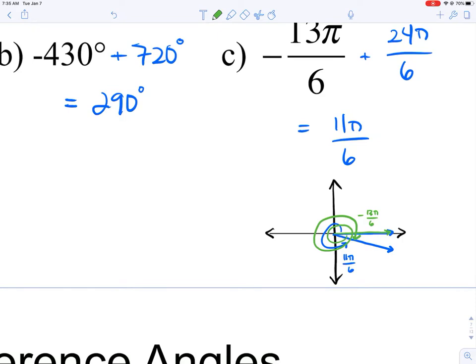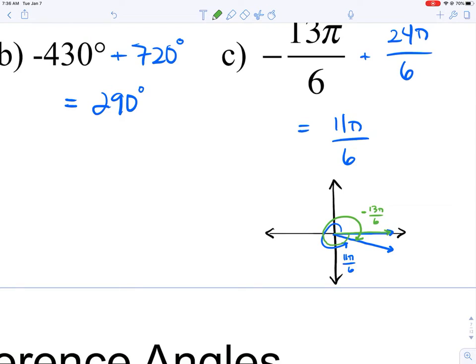Sorry, that was wrong. So it would actually go 1 full rotation, because negative 12 pi over 6 would be negative 2 pi. So it would go 1 full rotation and then just slightly pass. Sorry, that would be negative 13 pi over 6. But both those angles terminate in the same position.